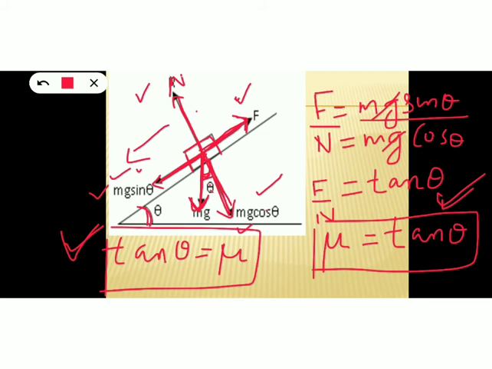Both the expressions are equal. So we can say angle of repose is equal to angle of friction. That is the relationship between angle of repose and angle of friction. Both are equal.